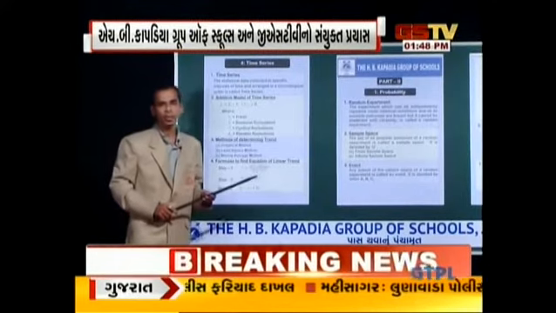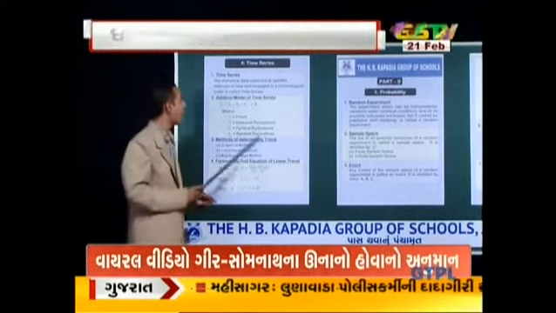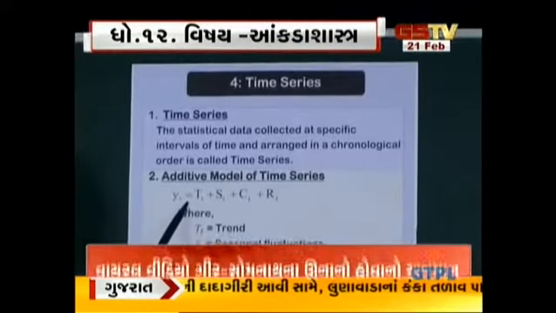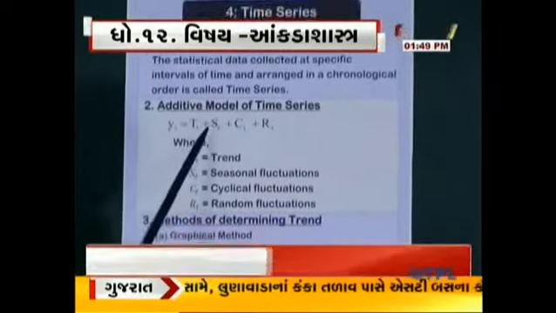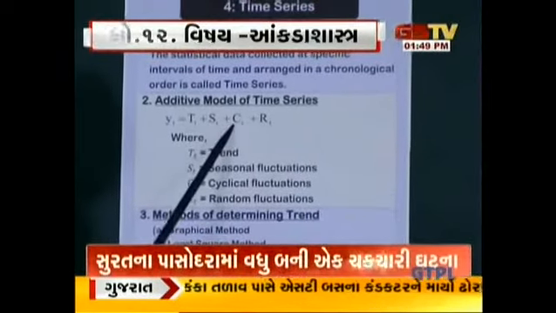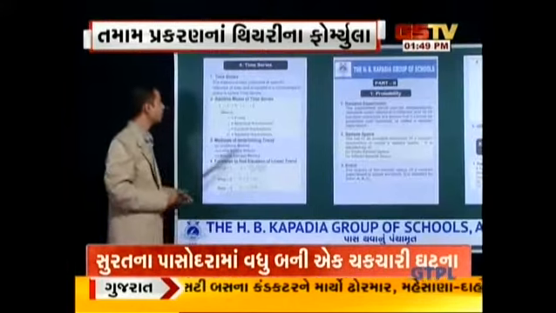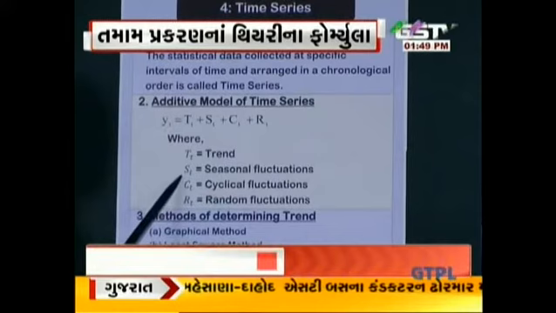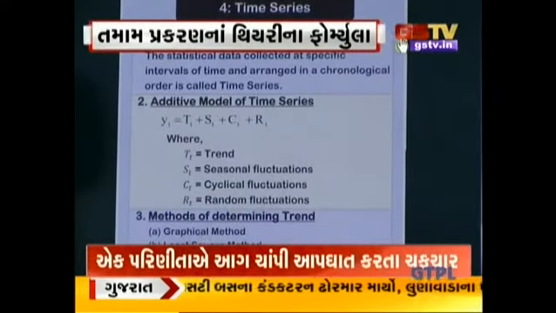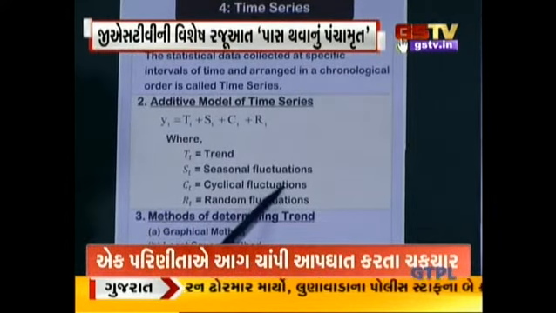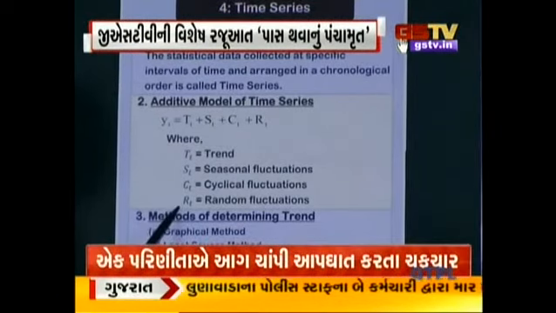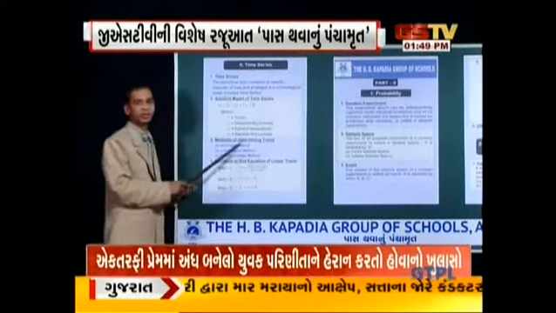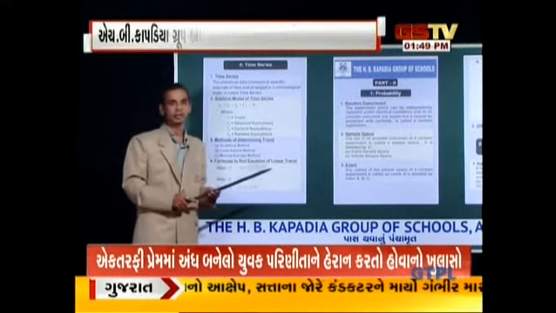Here you have to remember one important thing, the additive model of a time series: Yt is equal to Tt plus St plus Ct plus Rt, where Tt is the trend or long-term fluctuation, St is the seasonal fluctuation, Ct is the cyclical fluctuation, and Rt is the irregular or random fluctuation. These 4 fluctuations are called the components of a time series.